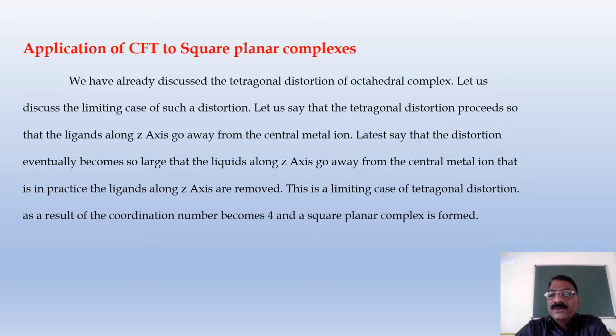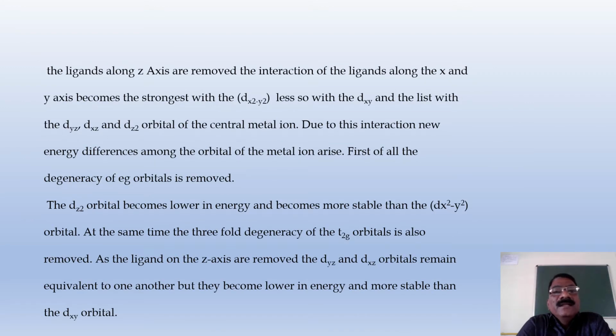Thus, when we study the square planar complexes, we consider that there is no ligand along the z-axis in the octahedral complex, and thus we have such a representation. The ligands along the z-axis are removed.